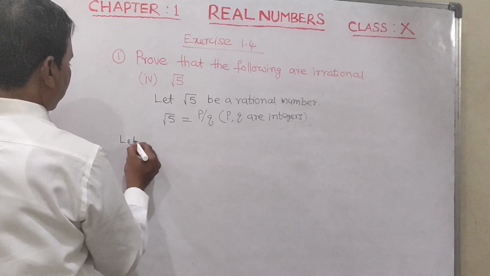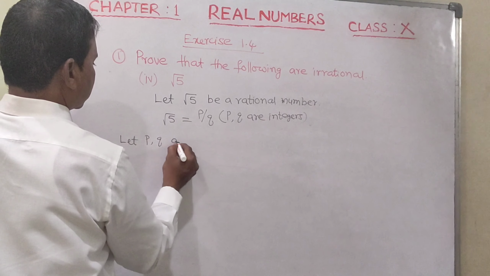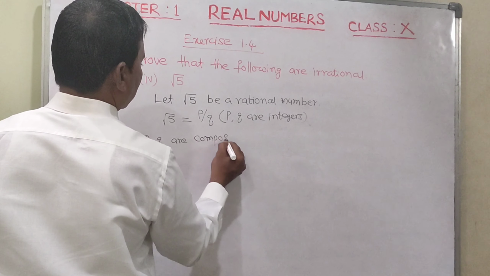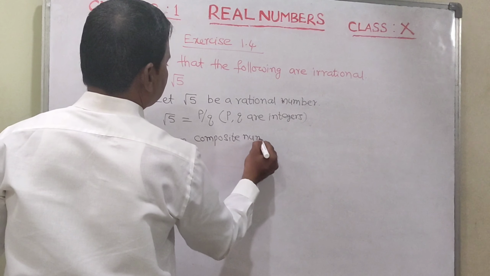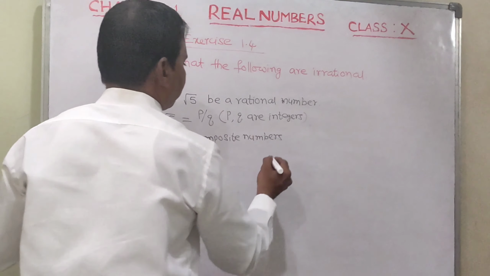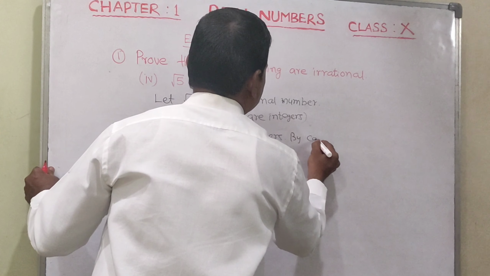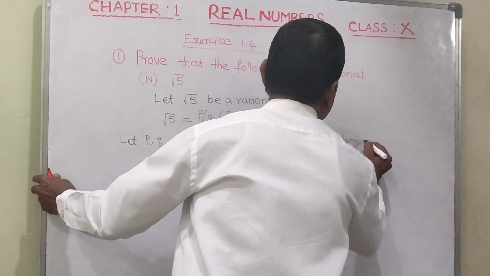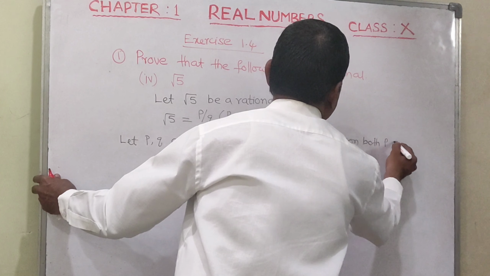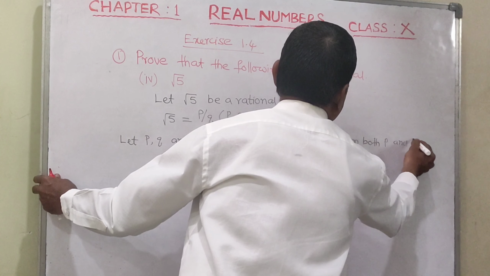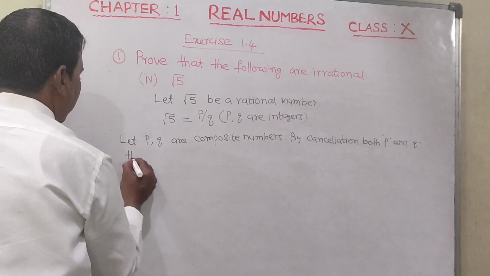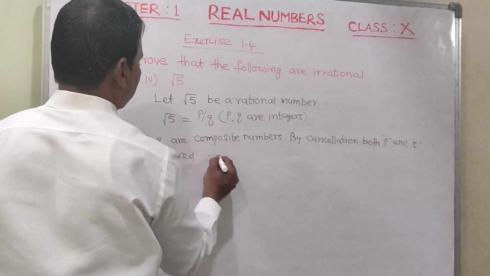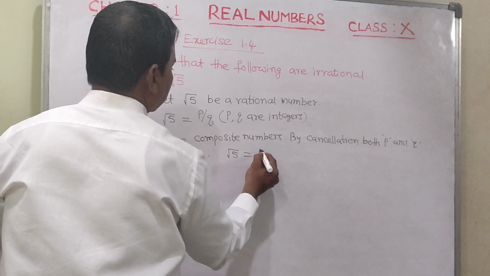Let us consider that p and q have no common factors, they are reduced by cancellation. Therefore, consider root 5 as a by b.